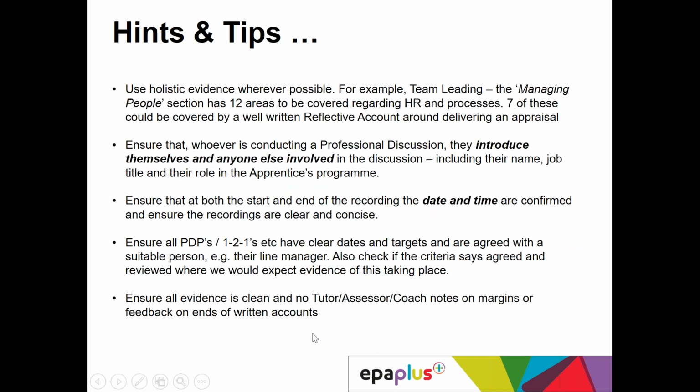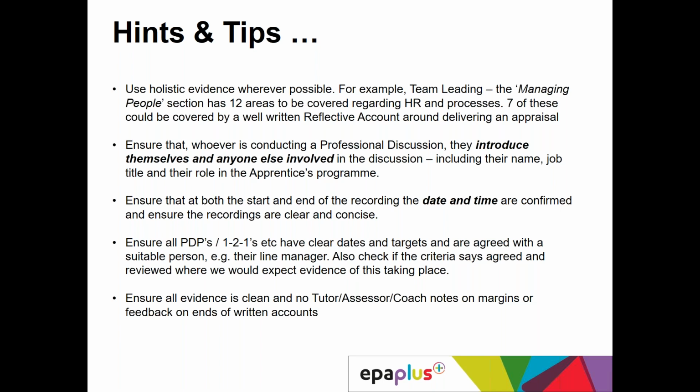Use holistic evidence where possible. And this is another example of where holistic is probably better over knowledge questions, as, for example, team leading. The managing people section has 12 areas to be covered regarding HR and processes.